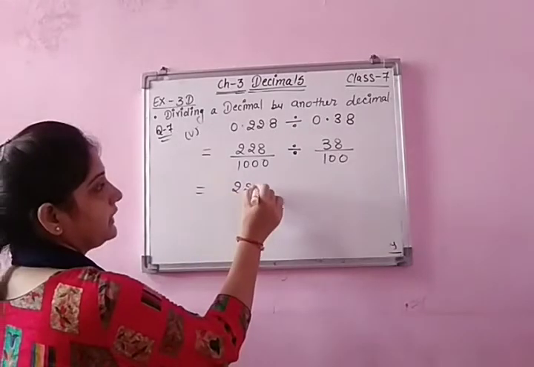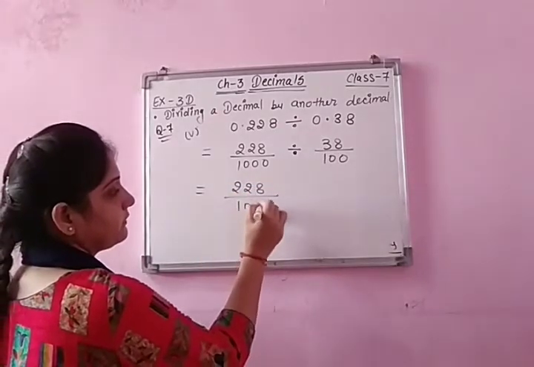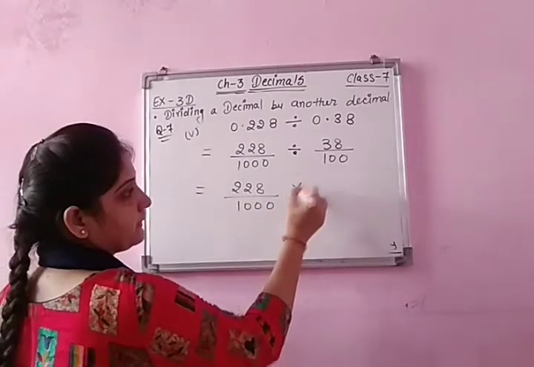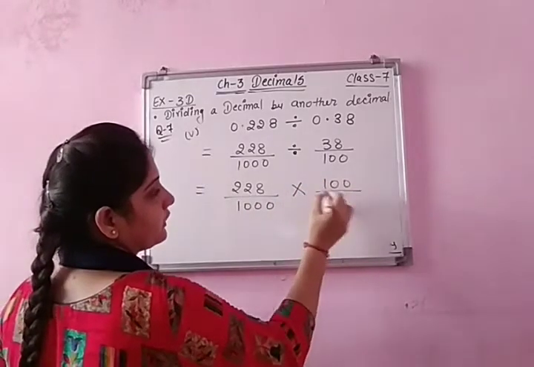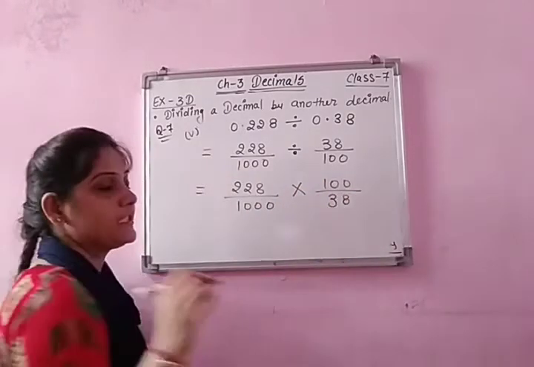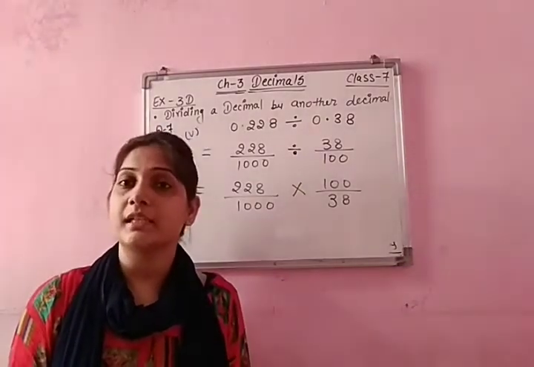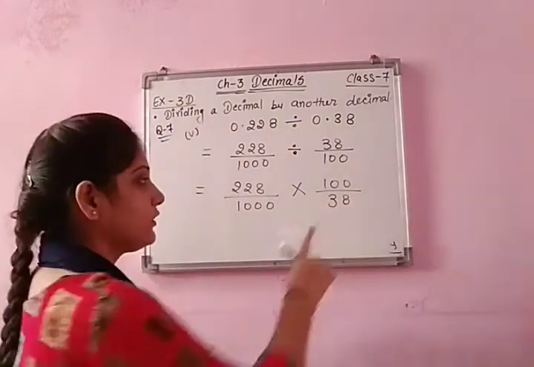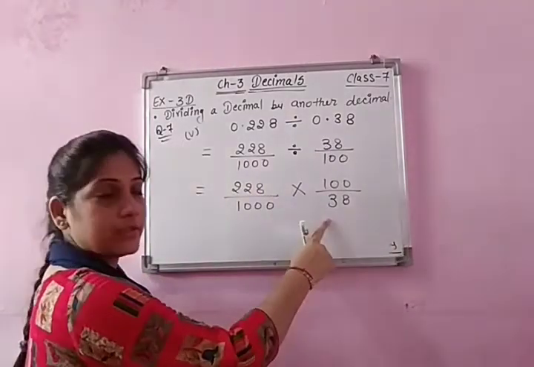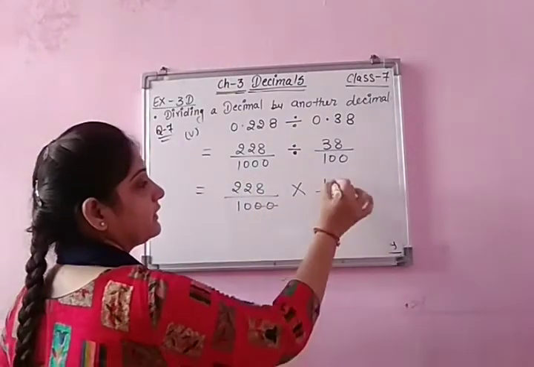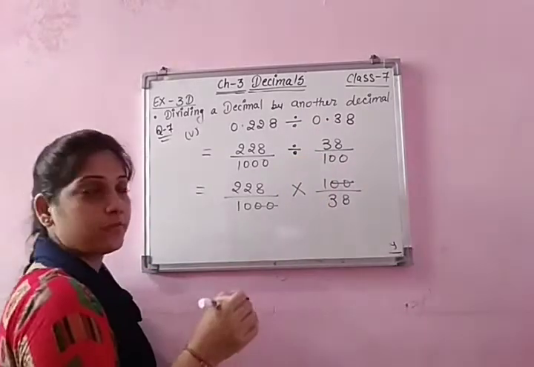Now 228 upon 1000. Multiply and take the reciprocal. Children, at your standard, most of the questions are like that, which are completely cancelled. So these numbers may be cancelled out completely. You need to check that. 2 zeros are cancelled first of all.